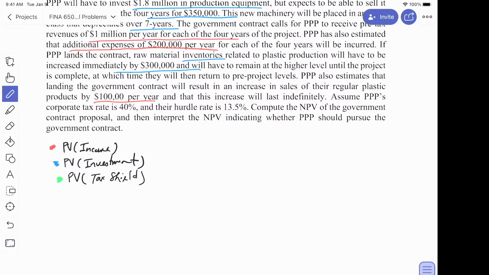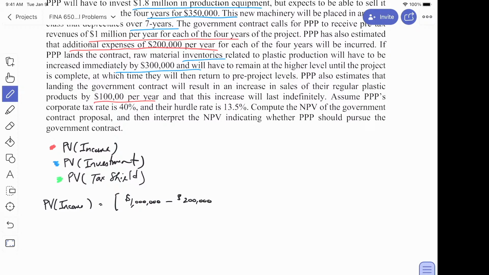And the annuity is going to have the 1 million of revenue minus the 200,000 of expenses. So the reason it says additional is to make you think it's incremental. That's the use of the word additional. So I'm going to take that off.